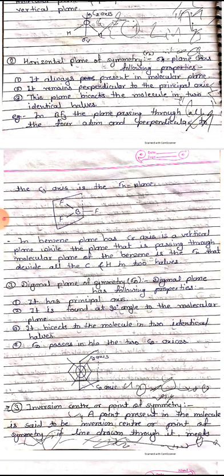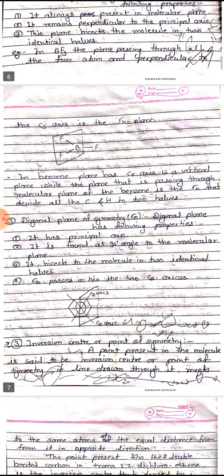In the vertical plane of symmetry, the plane itself contains the C2 axis, but in the sigma d plane, the plane bisects the molecule in between two C2 axes. In between two C2 axes, only then will the plane be regarded as a sigma d plane.